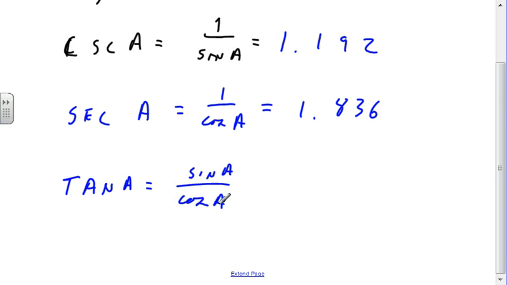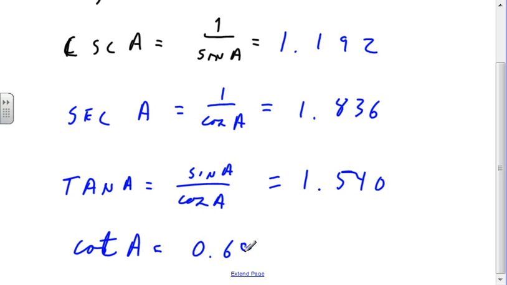Boom. 1.540. 1 divided by my answer, cotangent, 0.6493. Okay, good enough?